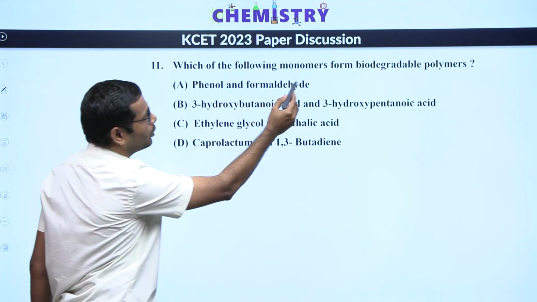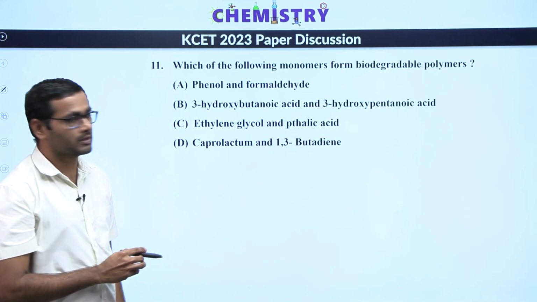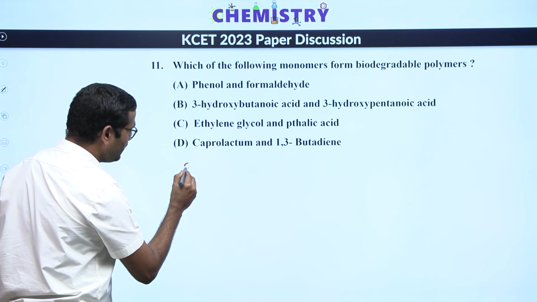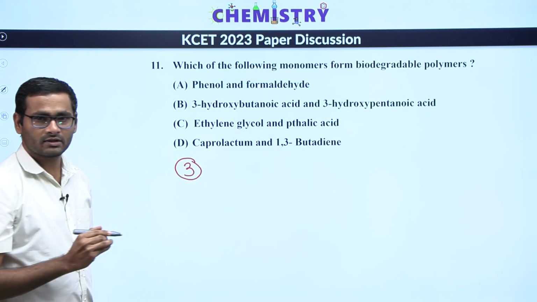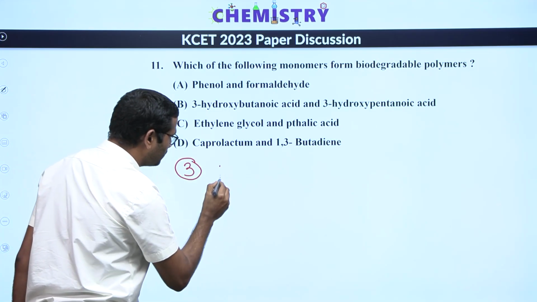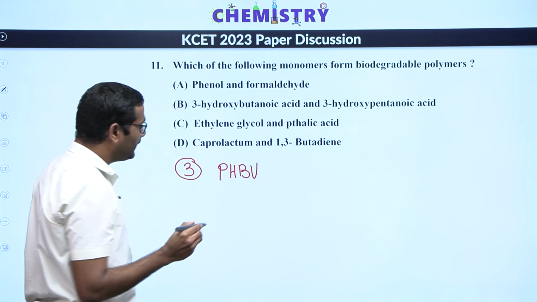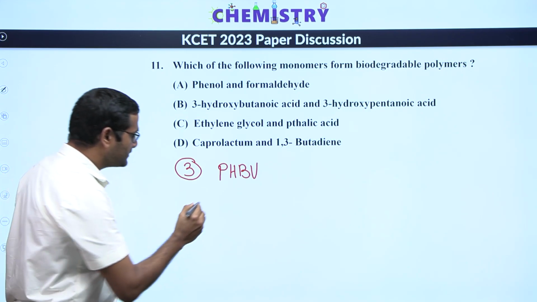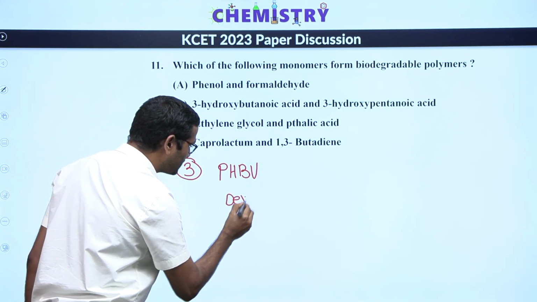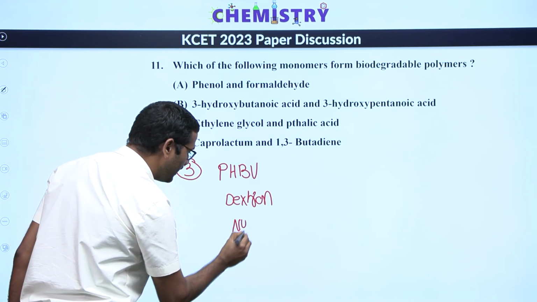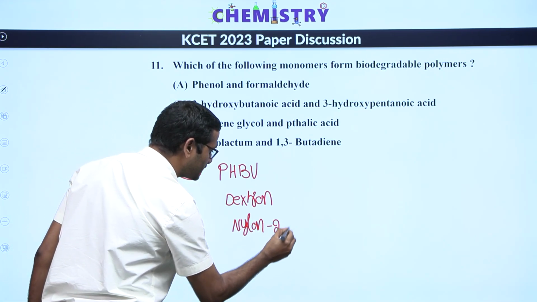Which of the following monomers form biodegradable polymers? In the polymers topic, only 3 biodegradable polymers are there. First one is PHBV, polyhydroxybutyrate co-beta hydroxyvalerate. Second one is dextran beta. Now third one is nylon 2,6.